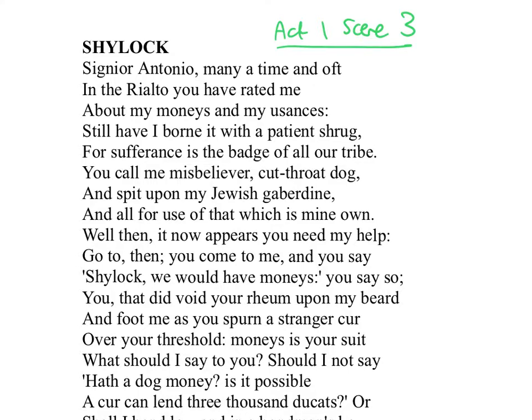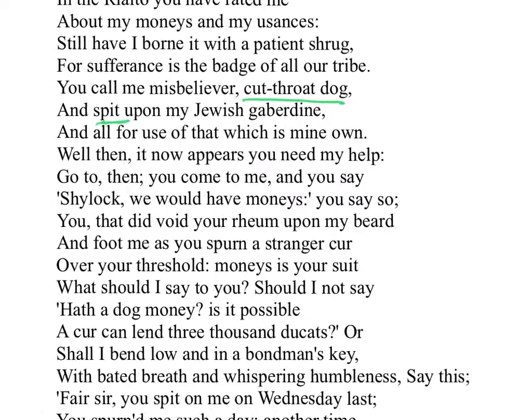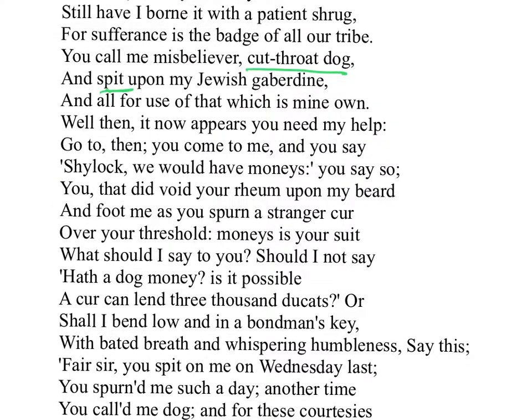Still have a bonnet with a patient shrug, etc. You call me misbeliever, cutthroat dog, and spit upon my Jewish gabardine. Where else do we see references to dogs and spitting? Here we are. Dog and cur, and at the bottom here, dog, and so on.